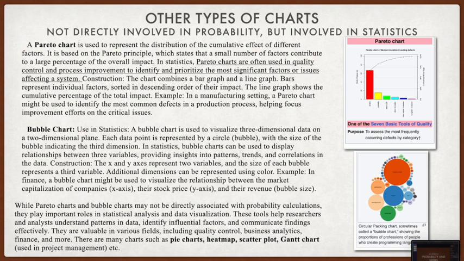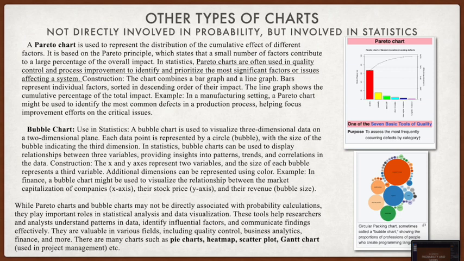How to construct this graph is mentioned here, and how the Pareto chart looks is given on the right side. It is considered one of the 7 basic tools of quality, used to assess the most frequently occurring defects by category. This is a Pareto chart of titanium investment casting defects.